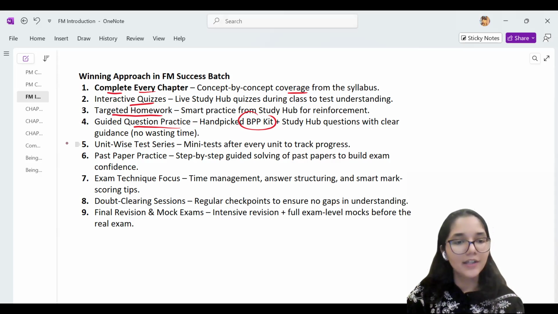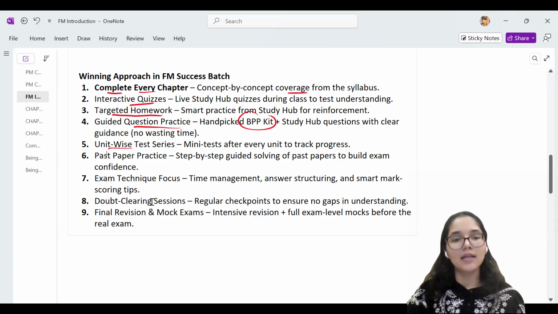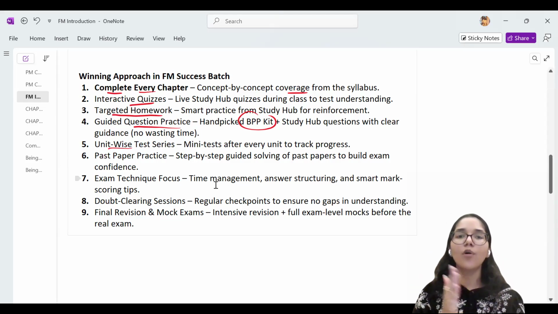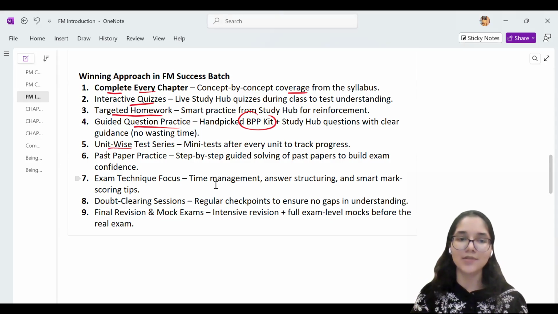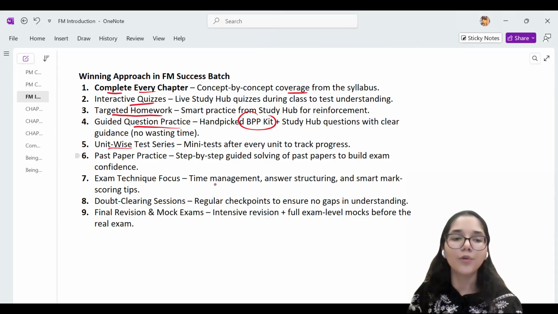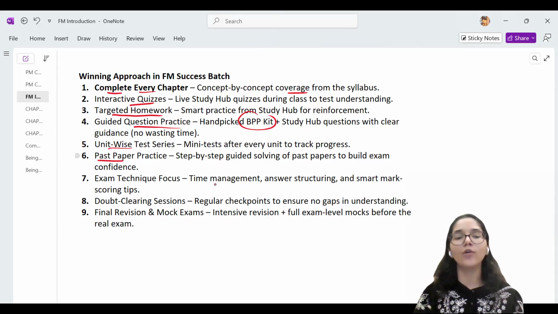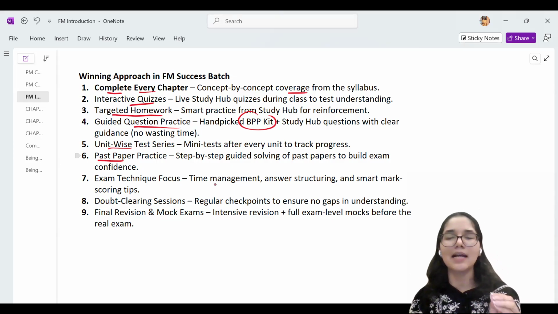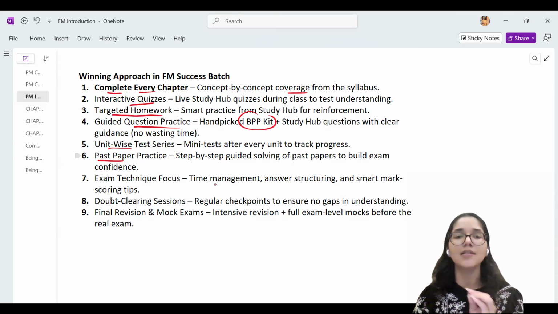Then I was telling you we are going to have the test series, the Being ACCA test series. Once we are through with all of the tests for all of the concepts as well as the units, what we are going to do is the past paper practice. I told you in yesterday's session also that past papers are very important. So the most recent past papers, the last 3 to 5 years, we are going to practice together so that you get confident.